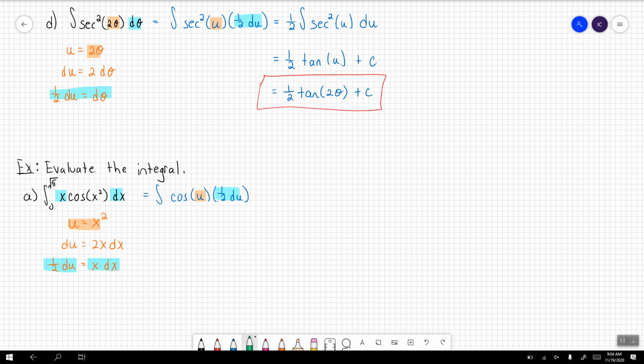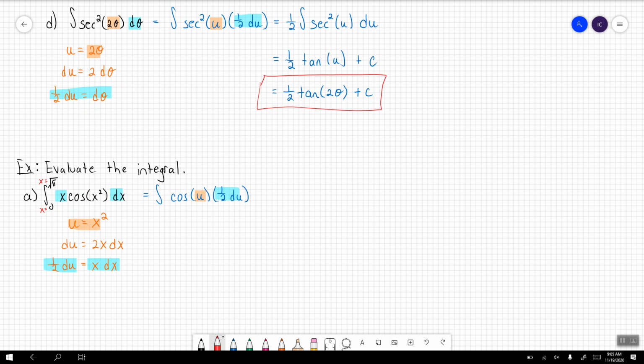If my variable is with respect to dx, then naturally my limits of integration are in terms of x. X is bounded between 0 and the square root of pi. But we changed these into u, so now I need to find what are my limits in terms of u.